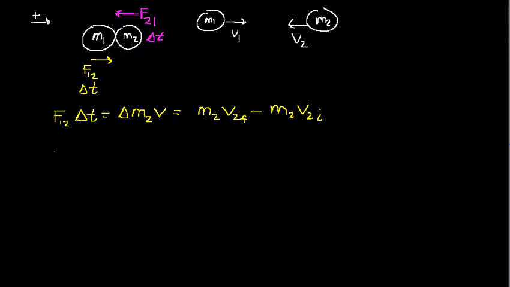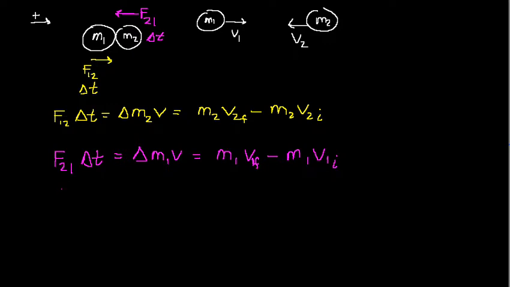So the force of the second object on the first one times the time they're in contact is equal to the change in momentum of the first object, because the first object now experiences a force which changes its momentum. That change in momentum is M1 V1 final minus M1 V1 initial.